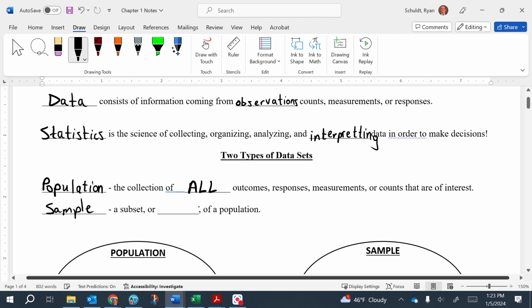A sample is a subset or part of a population. So maybe I can't get every watermelon in the world, so I'll sample them at random.